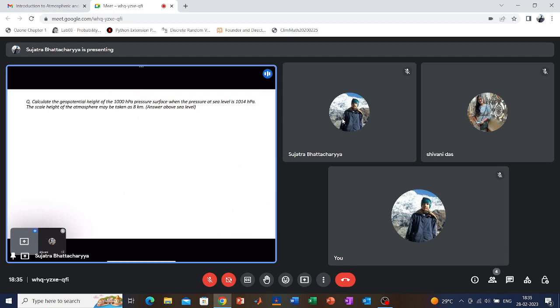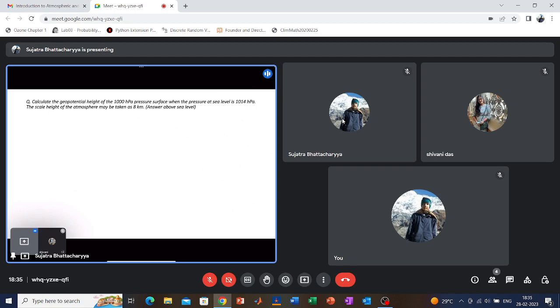The next thing is, just a minute. Yes. Okay. Calculate the geopotential height of 1000 hectopascals pressure surface when the pressure at sea level is 1014 hectopascals. The scale height of the atmosphere may be taken as 8 kilometer. So it will be answer above sea level, it's fine.